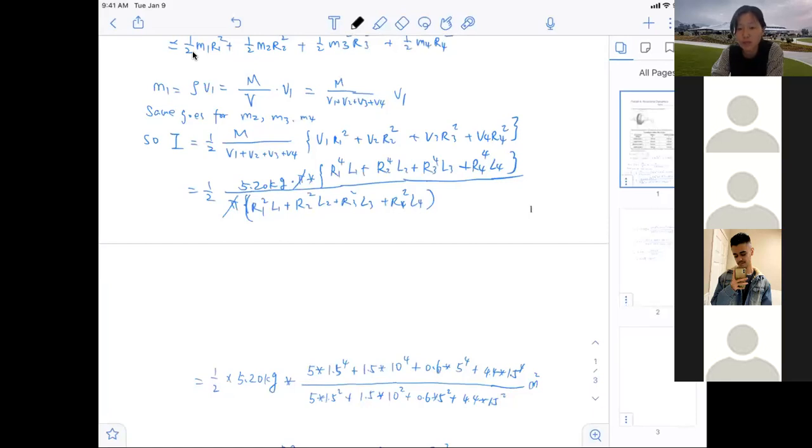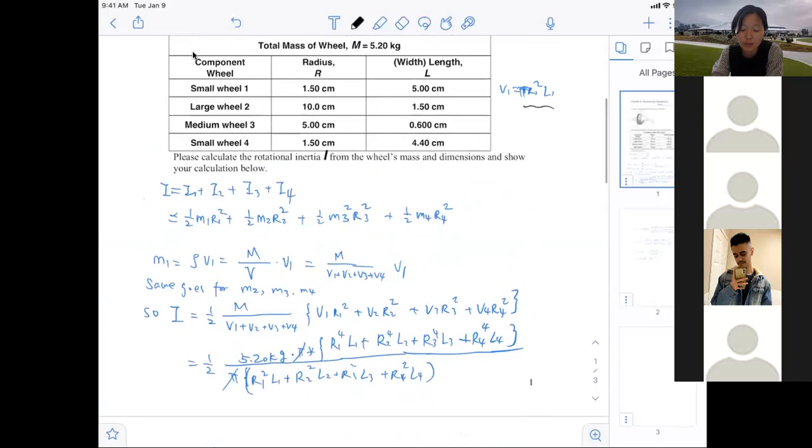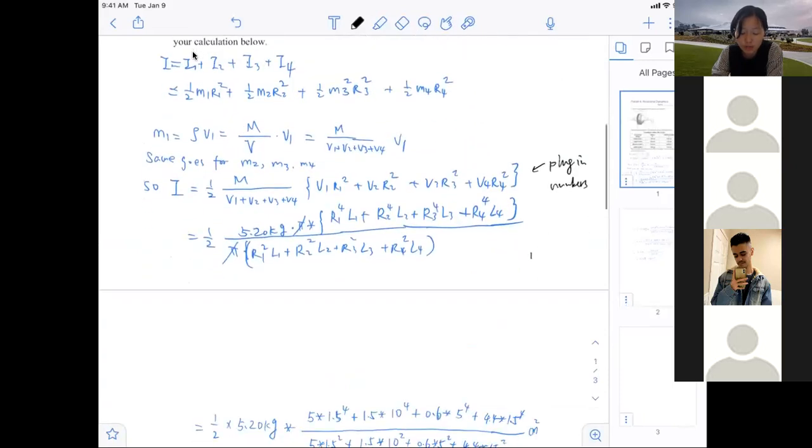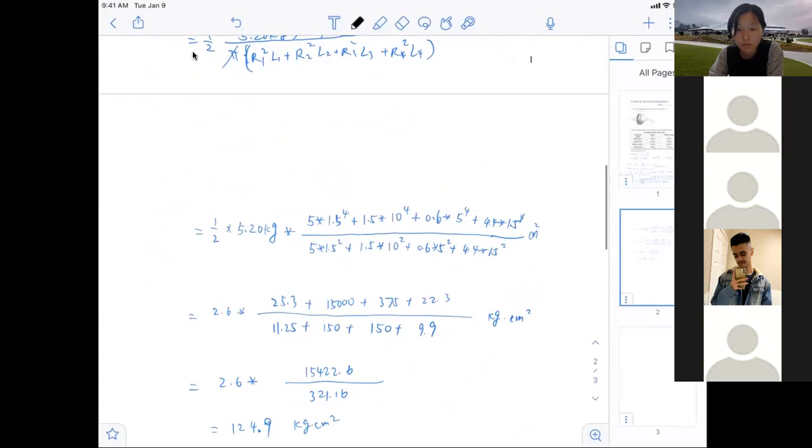I canceled out everything else, substituted everything else. But you could calculate the V and then get a number and then plug it in. So you can plug in numbers at this stage if you want, or you can do it like me, do a little bit more substitution and plug in numbers later. It's not different. You will eventually get the same answer.